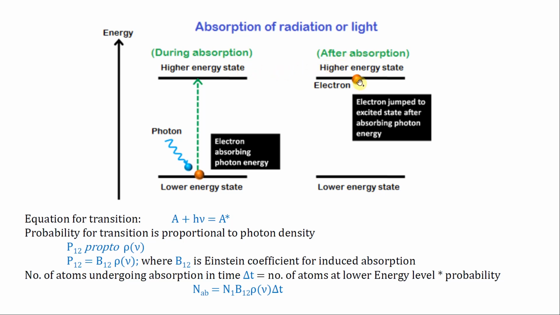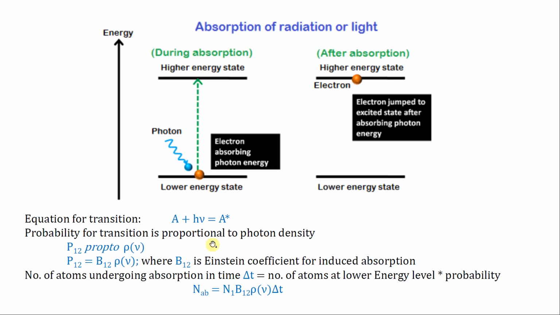So after absorption, you can see that the electron or the atom has reached the higher energy state. So I can give a simpler equation for transition. If I have the atom A, then it absorbs an energy hν from the photon. Then once it is excited to the high energy state, I can write it as A star.